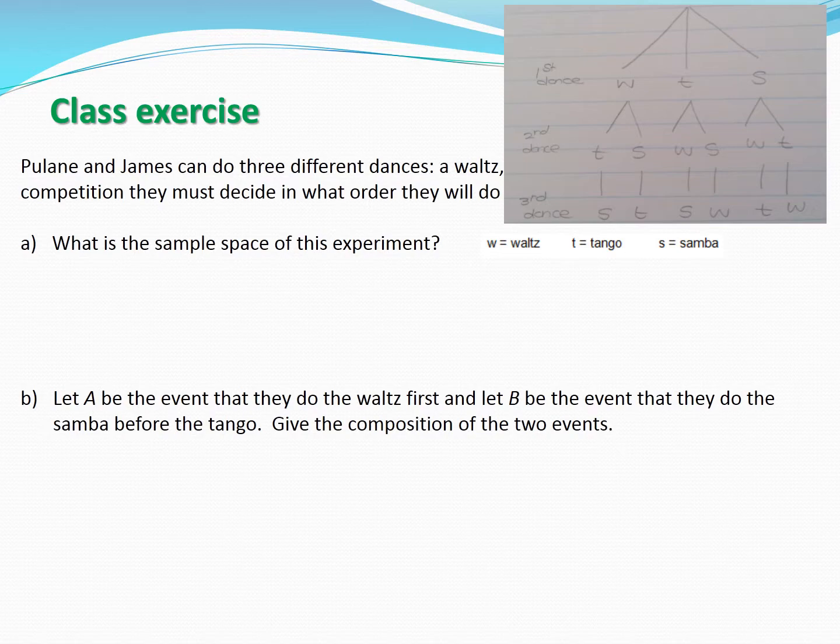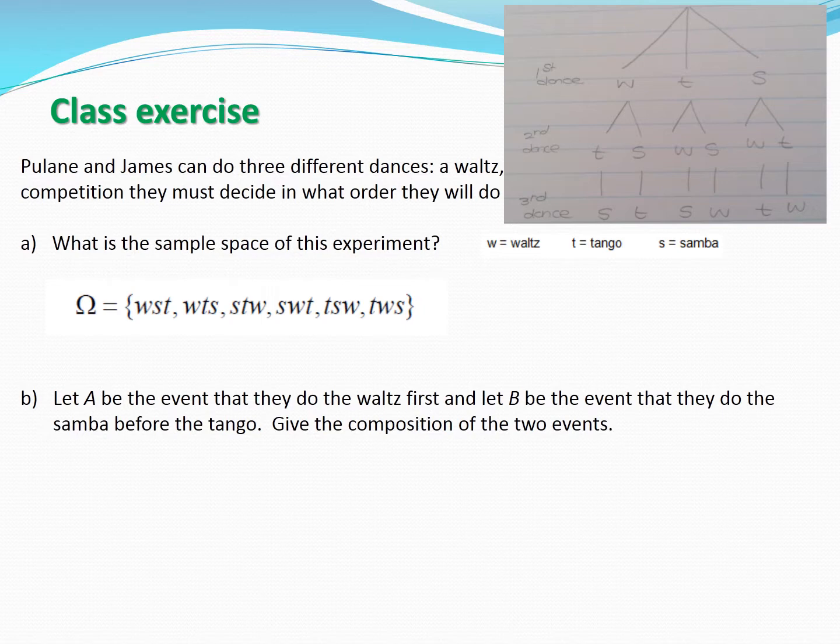And then for the third dance, they will have 1 option each time, because if they did the waltz and the tango for the first and second dances, they can only do the samba for the third dance. If they did the waltz for the first dance, the samba for the second dance, then they can only do the tango for the third dance, etc. So you will have 6 possible outcomes for your sample space.